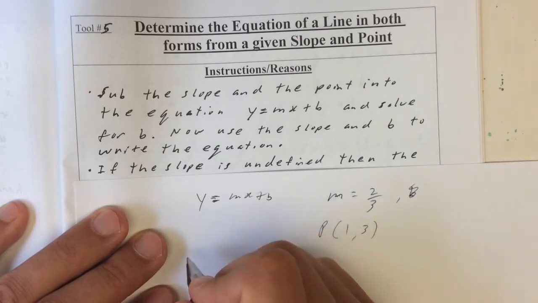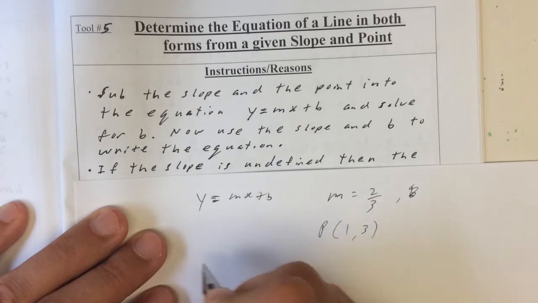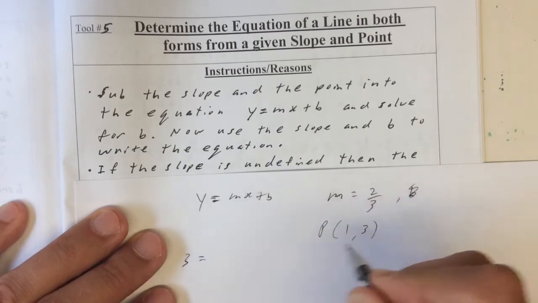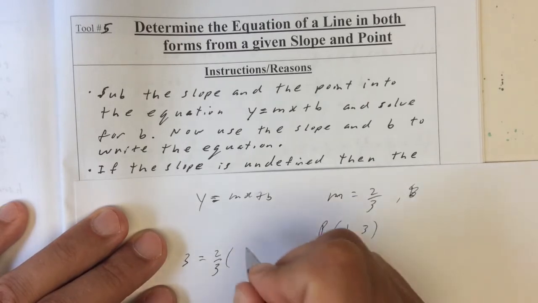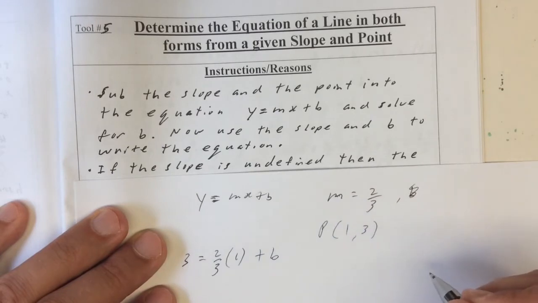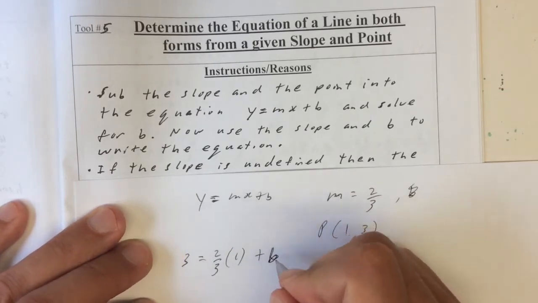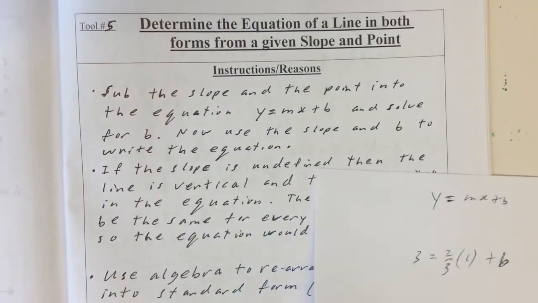The slope goes there, and the point goes here. So here's the y coordinate. I'm going to go 3 equals 2/3 times 1 plus b. Okay, so now you could solve for b. It's the only unknown there.